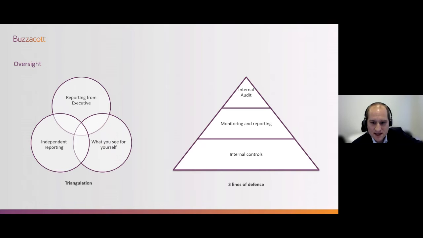Three lines of defence. So people may have heard of this concept and model, but this is basically the lines of defence that an Academy Trust has in order to make sure that controls and processes are working as they should. And a lot of this is done via day-to-day internal controls. So controls over when you onboard staff to manage risks around staff and safeguarding, controls around authorising invoices, etc. for transactional financial controls.